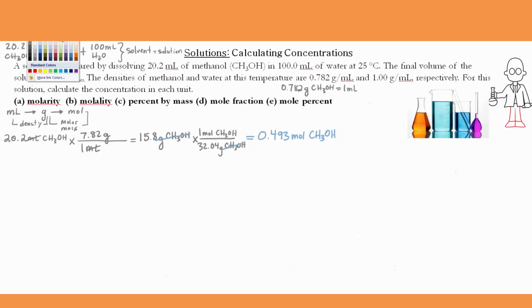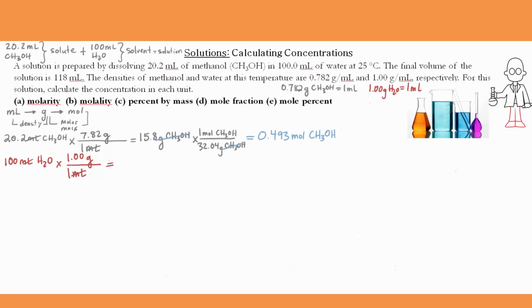Okay, now we calculated the number of moles of methanol. We need to calculate the moles of water, the solvent. So for 100 milliliters of H2O, this density says for every 1.00 gram of H2O, we have 1 milliliter. It occupies a milliliter of volume. So 1 milliliter times 1.00 gram.